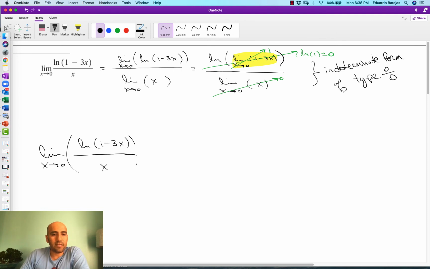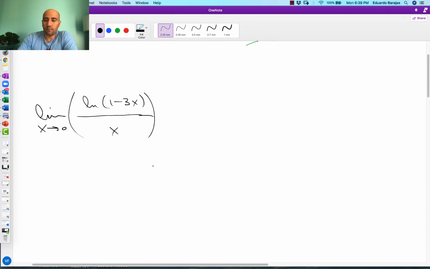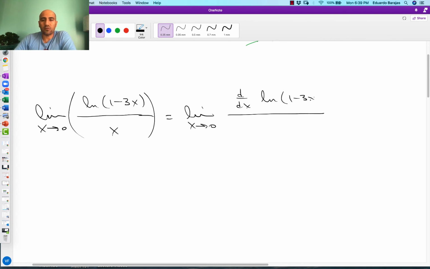Right, so we have this limit of this ratio, and this is equivalent to the limit as x approaches 0 of, and now we're going to take the derivative with respect to x of ln of 1 minus 3x, divided by the derivative with respect to x of just x. Okay, so now this derivative is nice and easy, and this derivative is nice and easy.